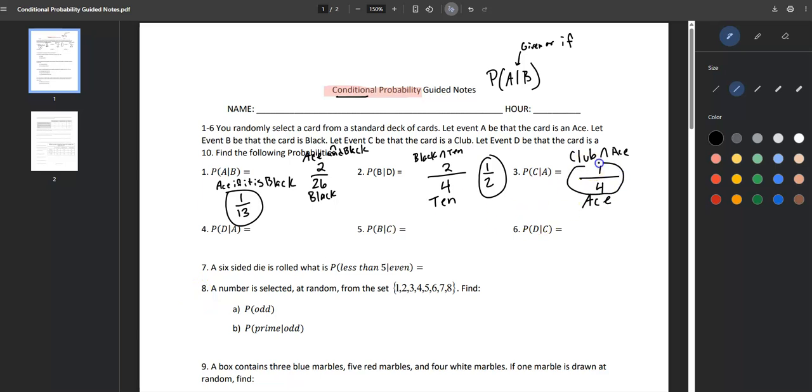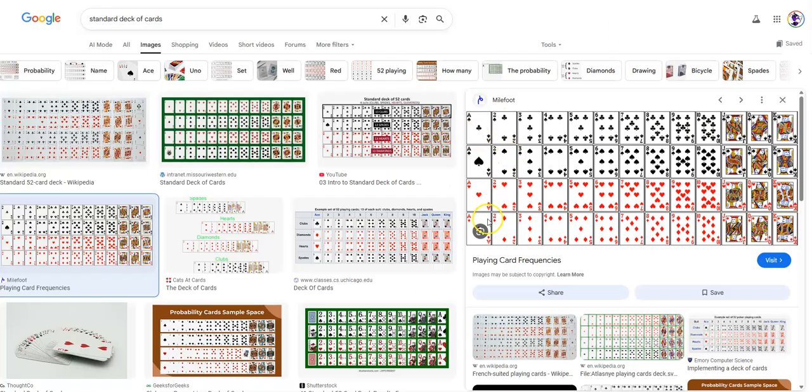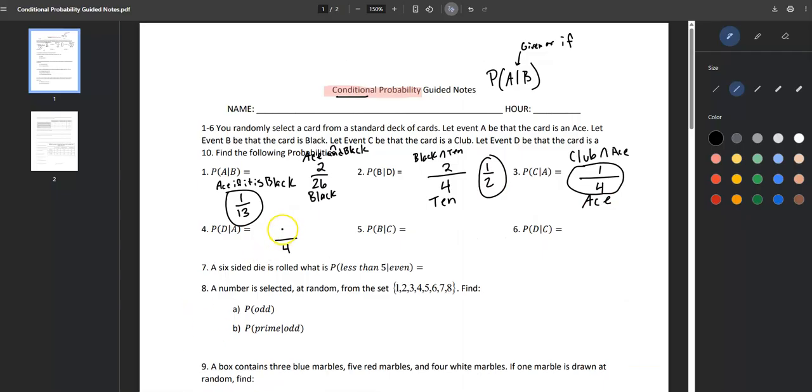That would be my answer for that. This one's what's the probability of a 10 if it's an ace. Well, there are 4 aces, and if they're all aces, I can't get a 10 as well. So this would be 0 out of 4, or again, 0% chance of that occurring. Either way you want to put it.